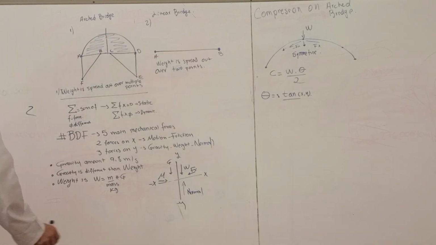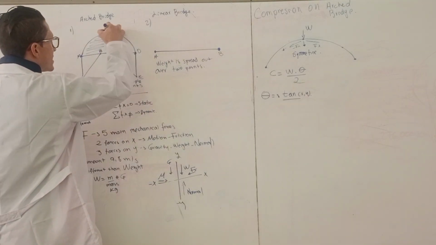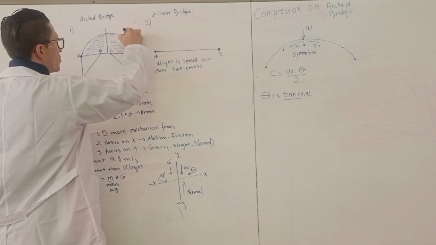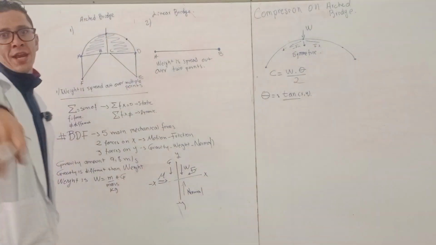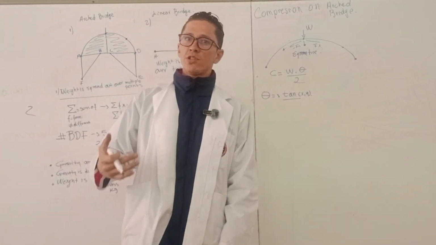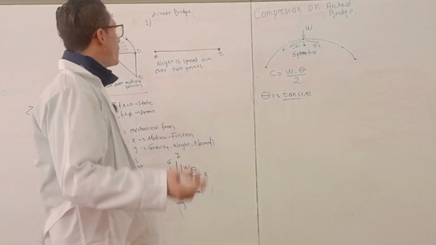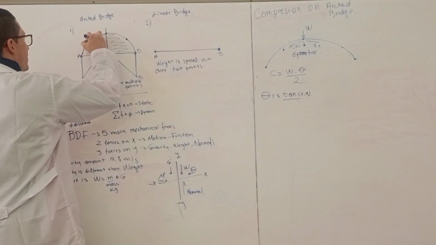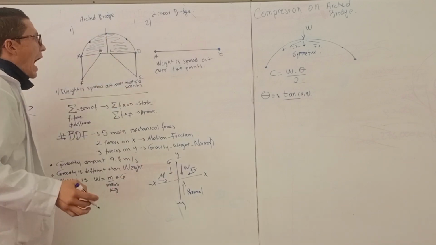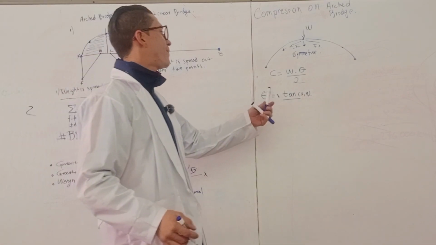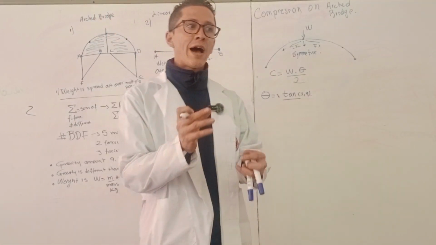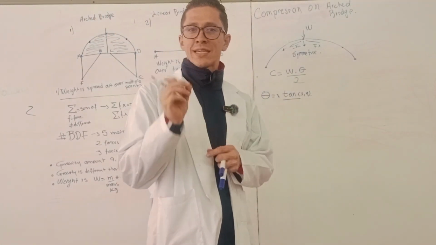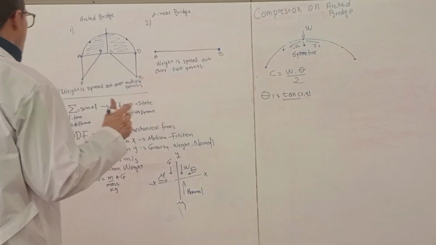We can divide this part of this arc into 3 points: 1, 2, 3. You can add as many points as you want, however, I'm just going to add 3 points. And we need to recall the concept of the tangent at a point in space.